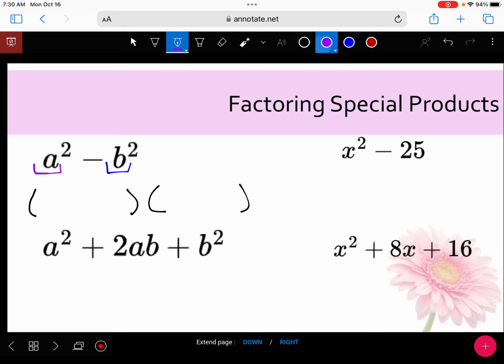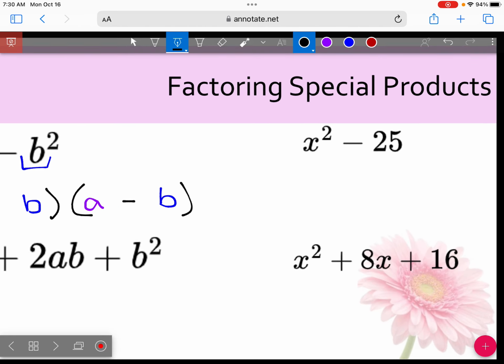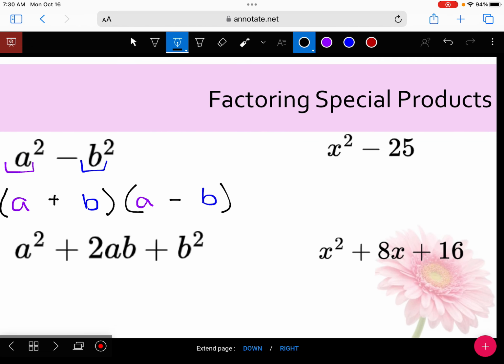And it's going to spit out a pattern for us. It's going to be my first term, whatever the piece was that was squared. One has a plus, one has a minus. Which when we're only talking A's and B's, it looks super duper weird, which is why I have the example on the right-hand side.